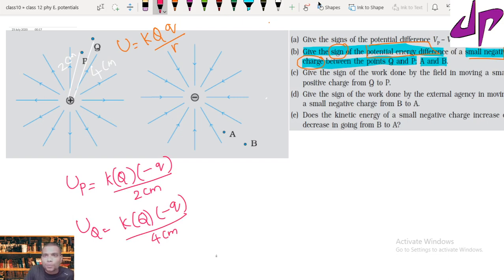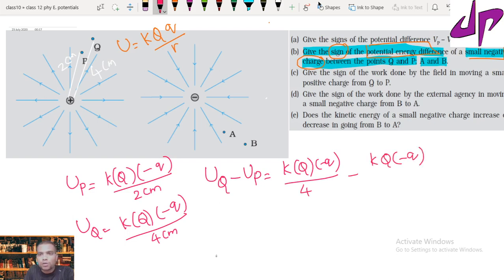Now we need to calculate the potential energy difference between Q and P, so subtract the potential energy at P from the potential energy at Q. So KQ times minus q upon 4, minus KQ times minus q upon 2. Now K is common and capital Q is also common, so I can pull little q outside.